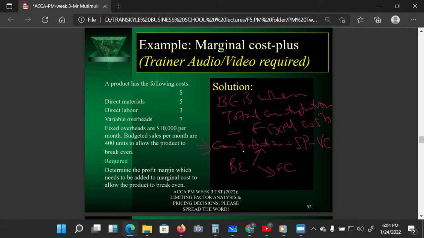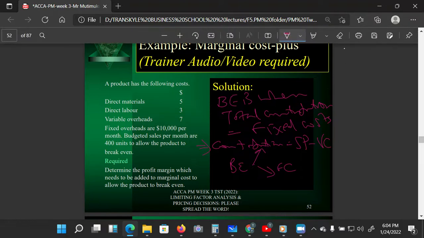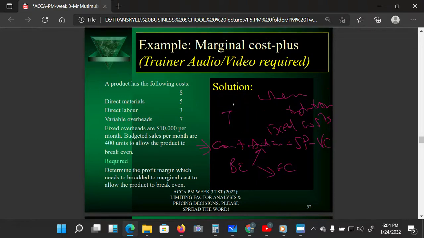Now let's elaborate this fact with this example.